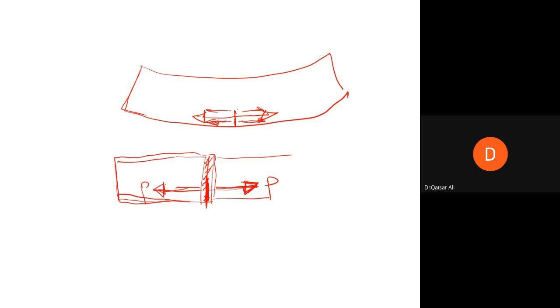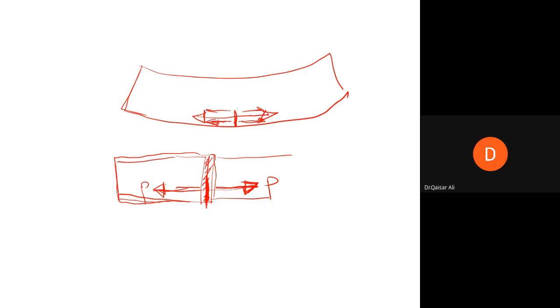Because the crack, as I said earlier, is an opening or gap between the two parts. And when you try to apply two opposing forces in a member, it will produce a crack or gap.